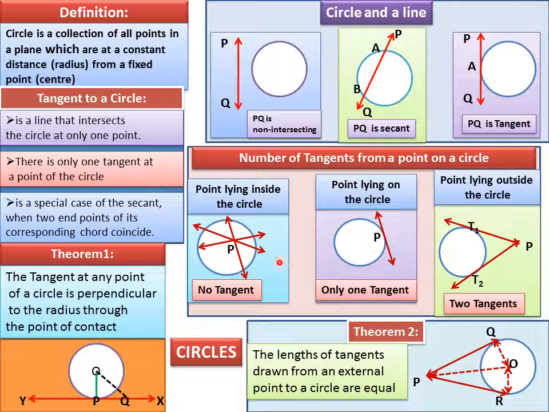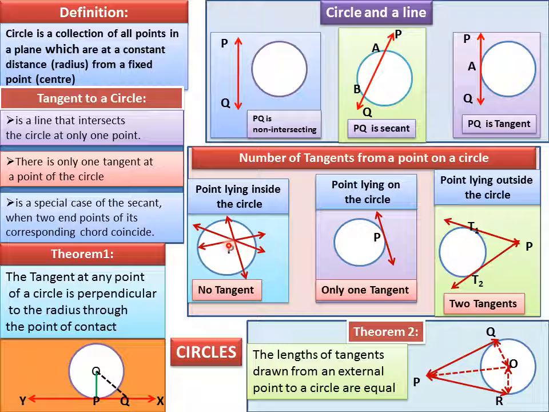I hope you understood the three different cases here, and this concept is required. You may be asked in objective questions or fill in the blanks how many tangents can be drawn under different conditions. So please try to understand this.